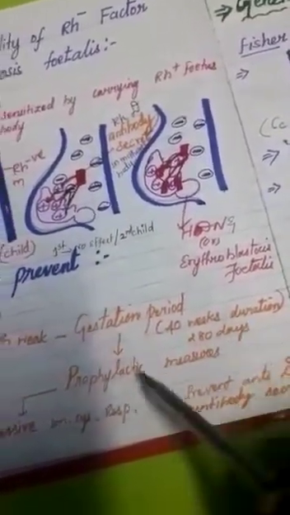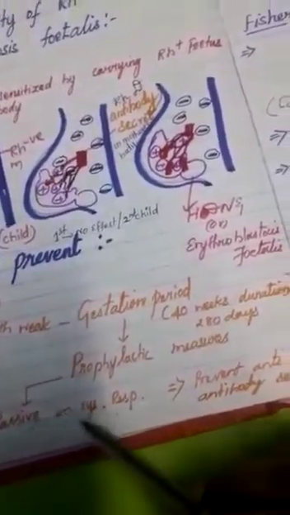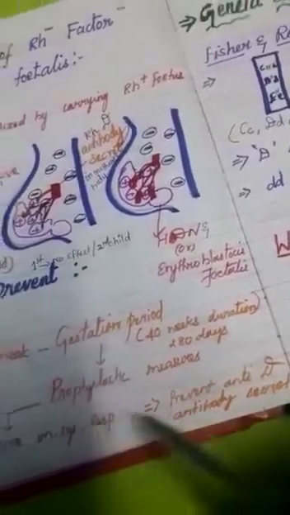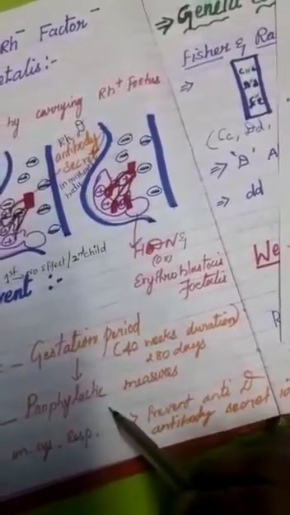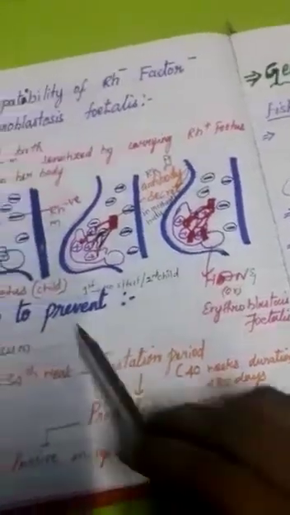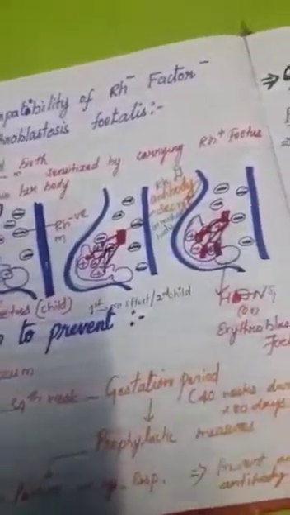We give prophylactic measures, usually of two types: passive immunity, slowly increasing the immune system response, and second, preventing anti-D antibody secretion in their body. Prophylactic means medicines suggested stage by stage. This is the method used to prevent this disease in Rh negative mothers.